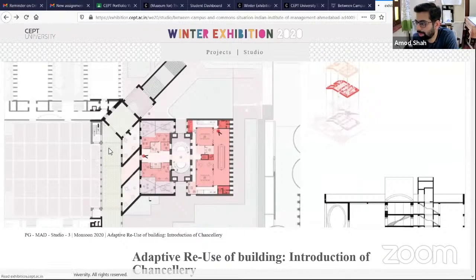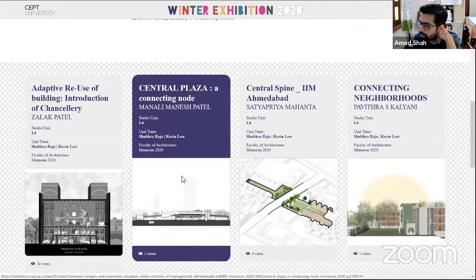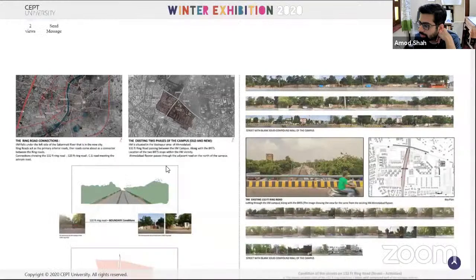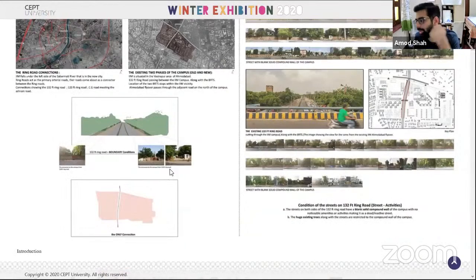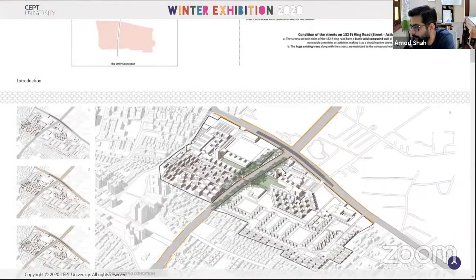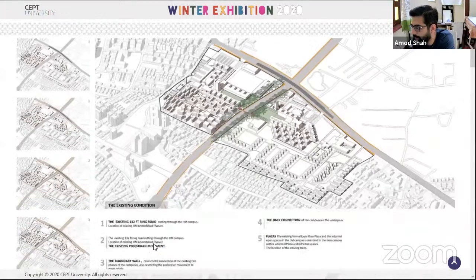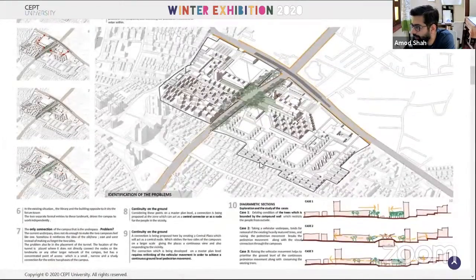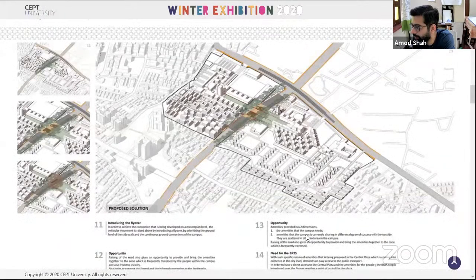And the next that we had to do, like we mentioned first, was connecting the two campuses. And the central plaza between these two campuses was what actually helped connecting the two campuses. And the idea here was that we lift up the vehicular corridor so that we get a pedestrianized access below.